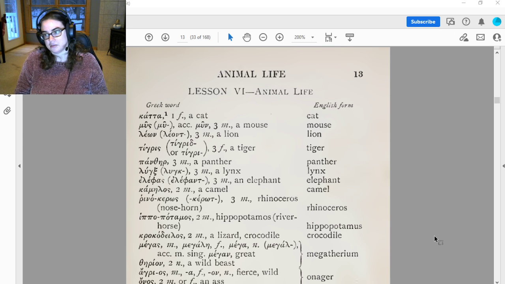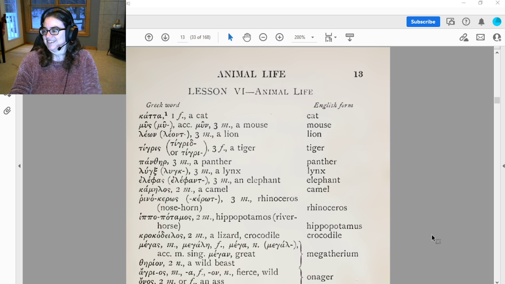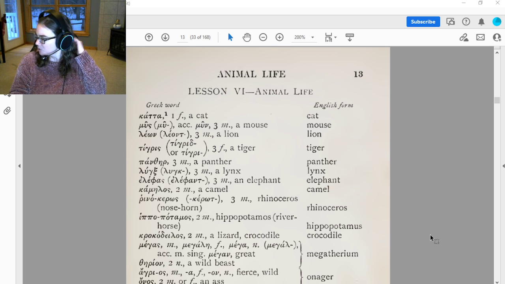Leon, lion. Yep. Tigris, tiger. Panther, panther. Lynx, lynx. Elephas, elephant. Camelos, camel. Rhinoceros, rhinoceros. Don't you just love they're all Greek? Oh, moose. It's from Latin, not Greek, but close enough. I think moose is the Latin word for mouse.